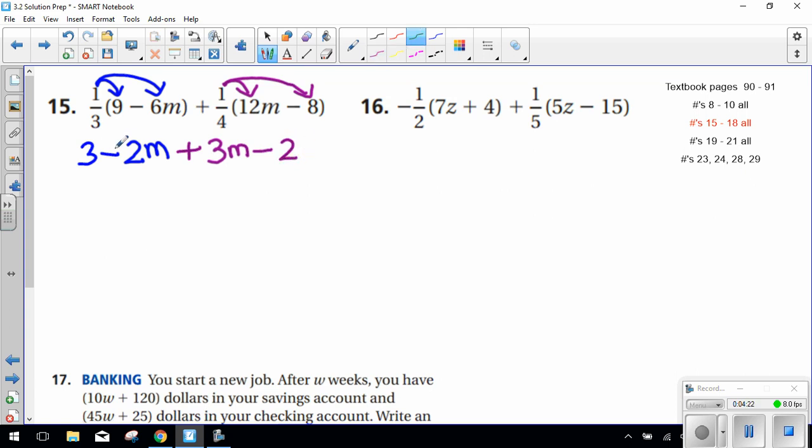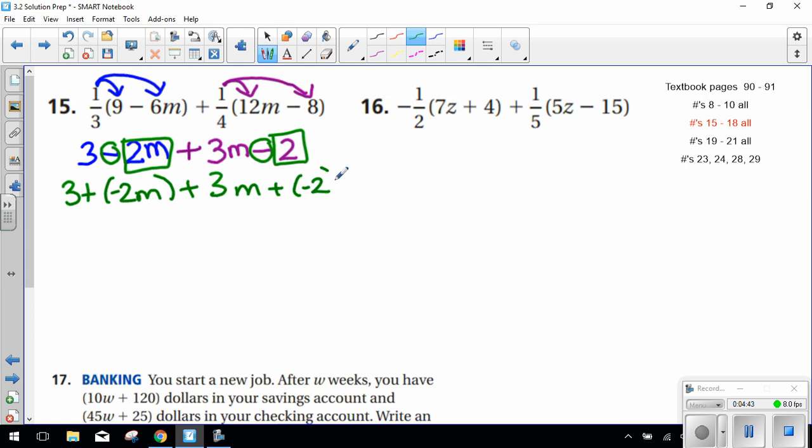We're now going to take these minus signs and write them as plus opposite, plus opposite. So it looks like this: 3 plus negative 2m plus 3m plus negative 2.